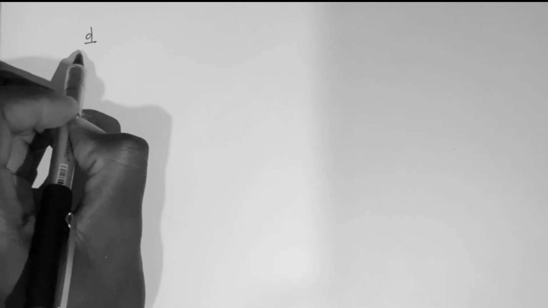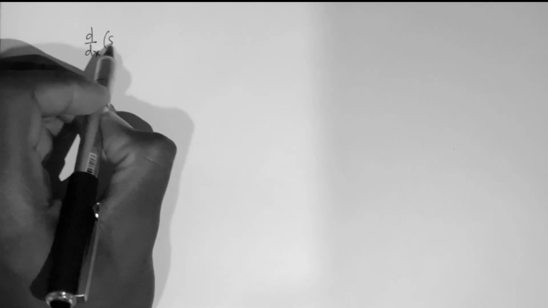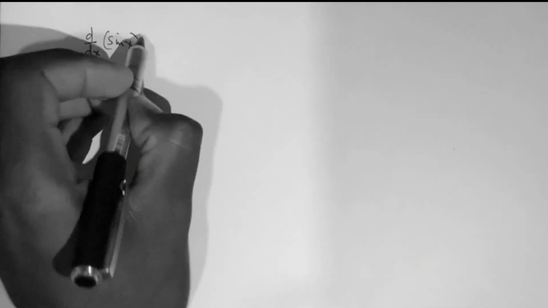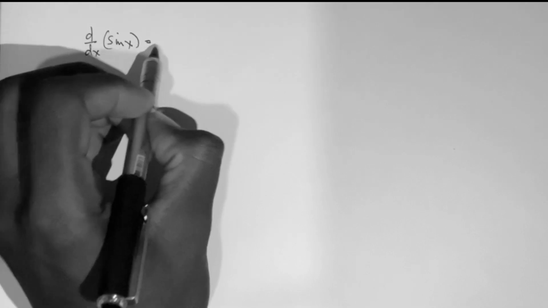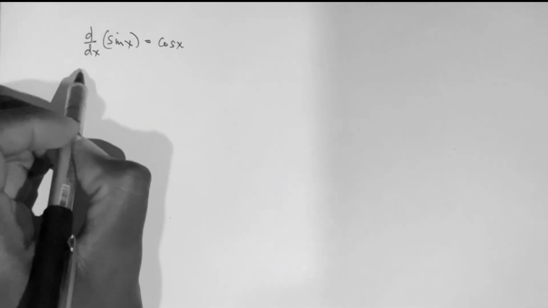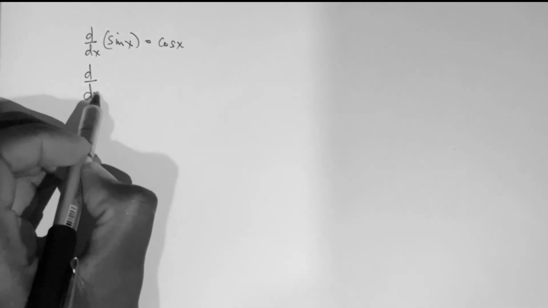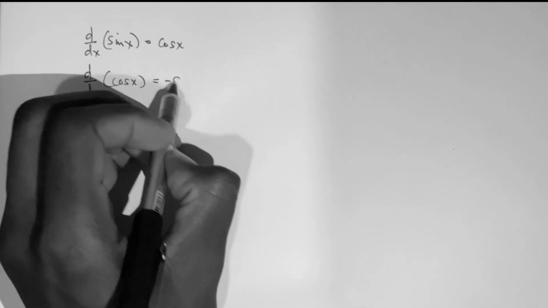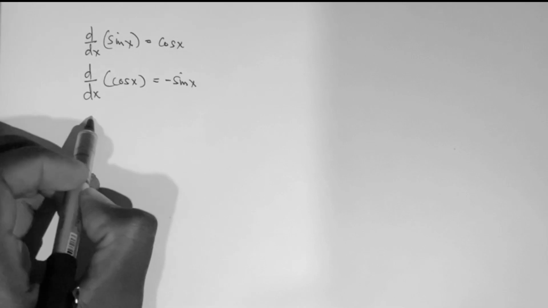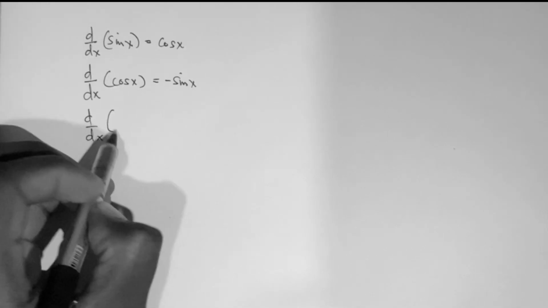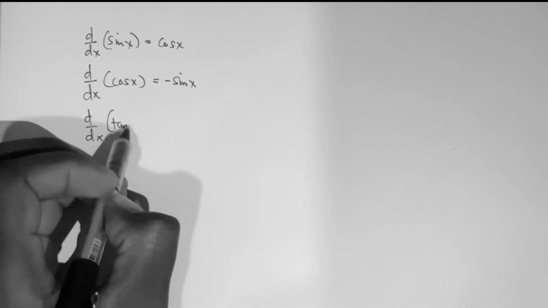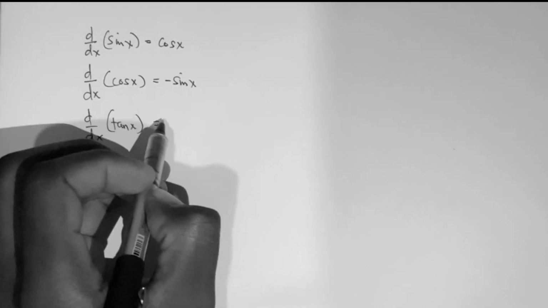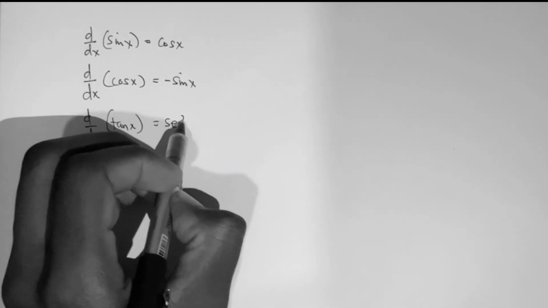So we have established that d/dx of sin x is equal to cos x, and if you differentiate cos x, you are going to get minus sin x. If you differentiate tan x, you are going to get sec squared x.